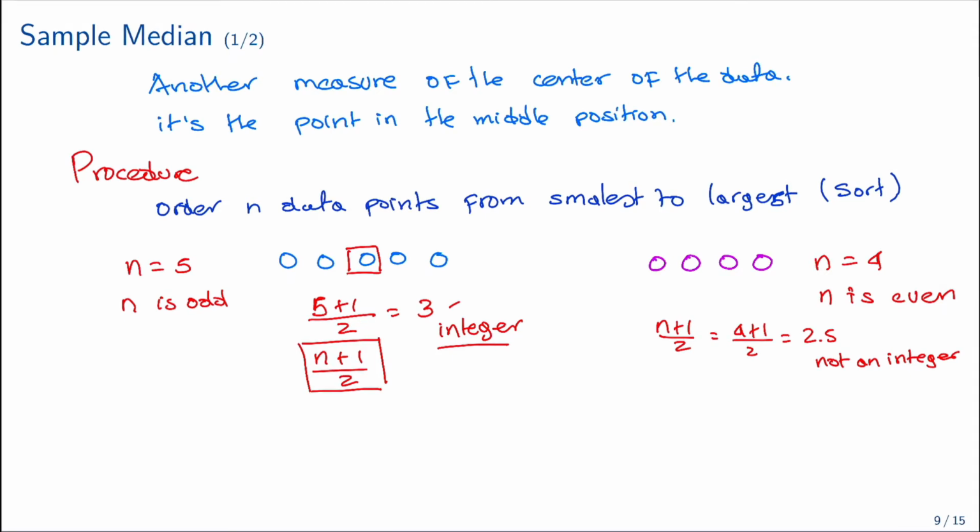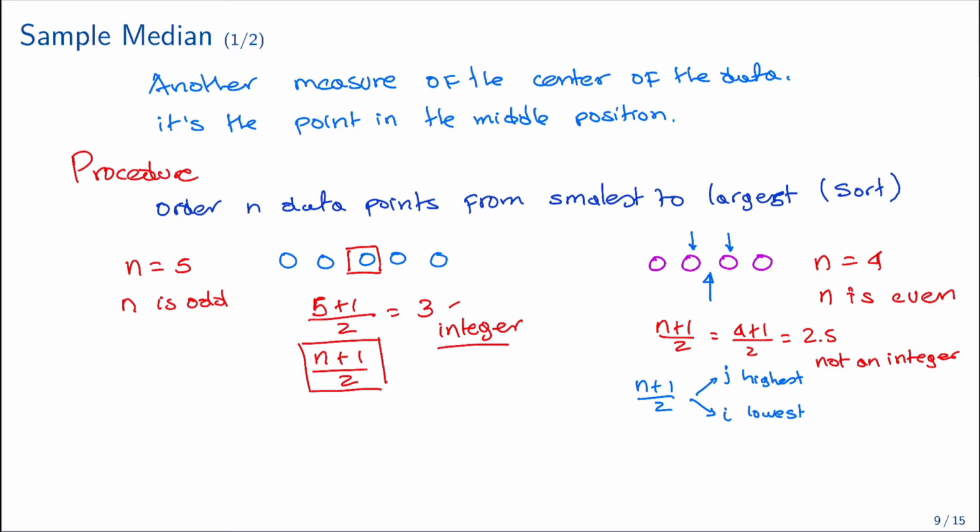When we don't have an integer position, like in this case where we have 2.5, that is something in between, so n plus 1 over 2 is not an integer. We can select these two positions, the one before and the one after. So we can have the i or the j position, where i is the lowest and j is the highest position, and we can take the average of those two positions.